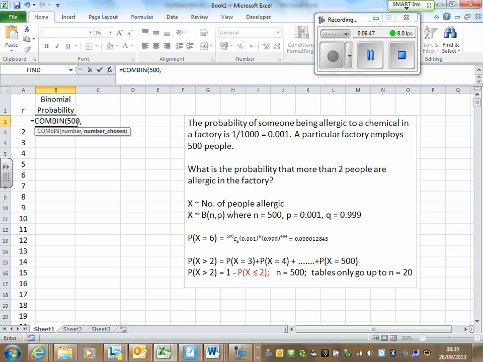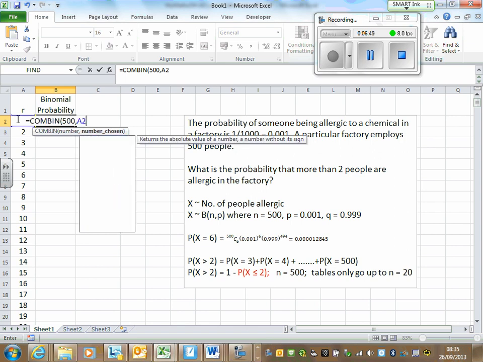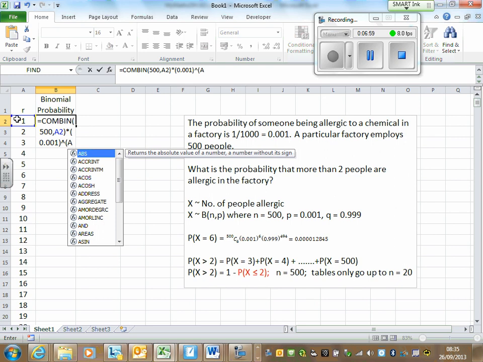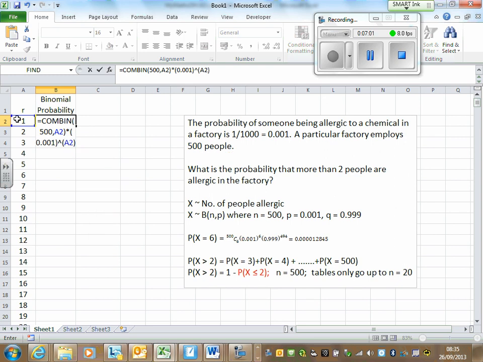I do the combination 500, and I'm going to link that to A2, and I'm going to multiply it by 0.001 to the power of A2.